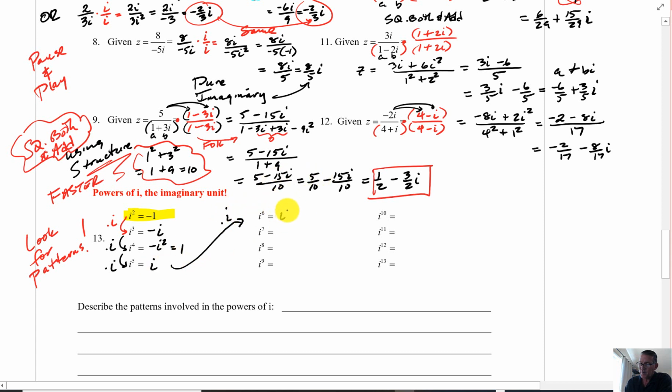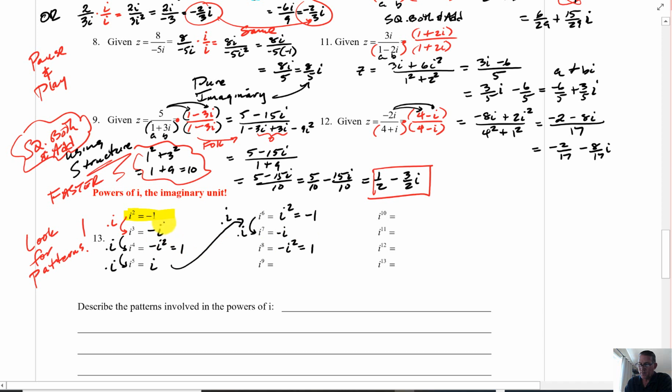So i times i will give you i squared, which is negative 1 again. So now we're back to negative 1. And then times i, so negative 1 times i is negative i. Again, you just multiply it by i each time to get to a higher power. So negative i times i is a negative i squared, which is 1.